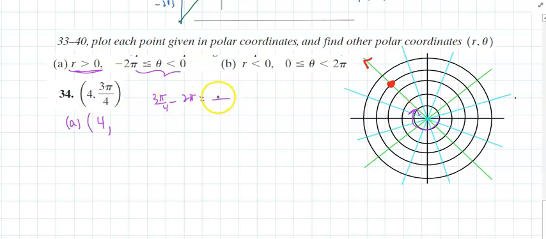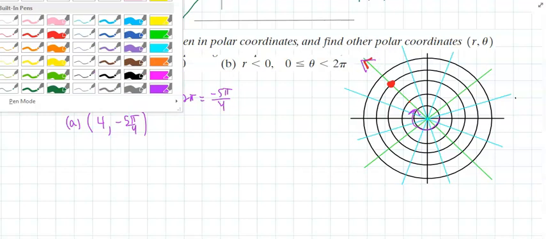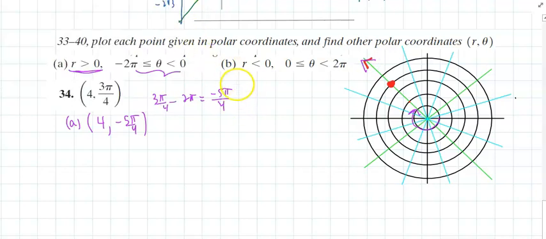That's 8. 3 minus 8 is negative 5 pi over 4. So here, I rotated in negative rotation. I'm still pointing in the same direction, and there I am, the same location. I can do this not one or two different ways. I could do this an infinite amount of ways.